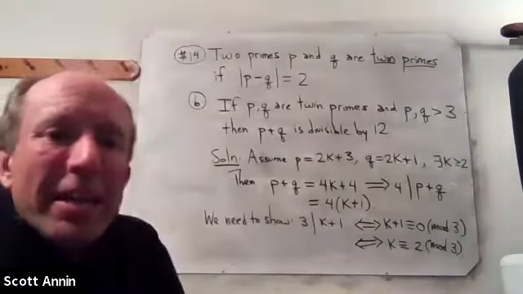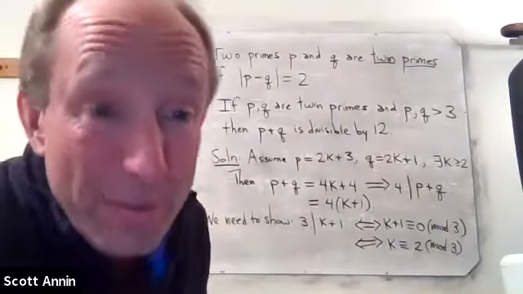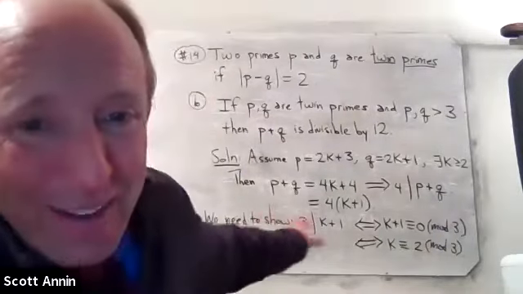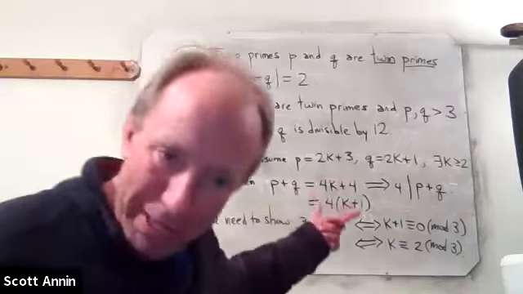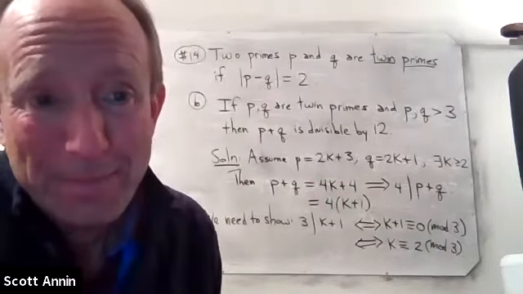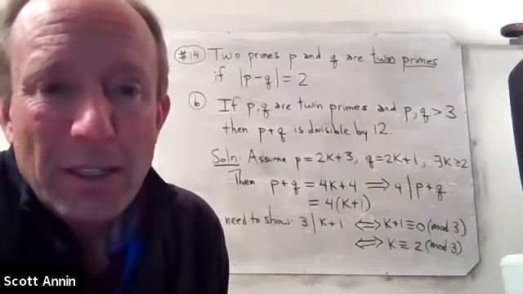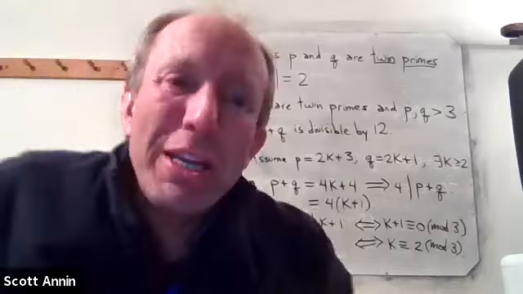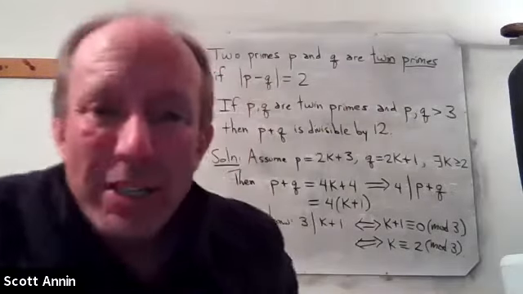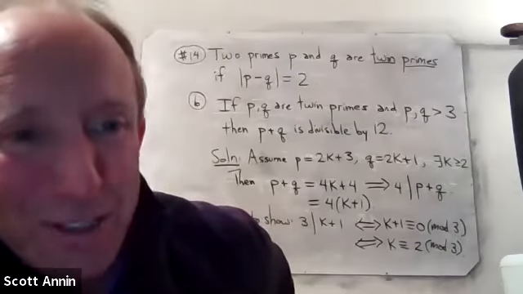We need k to be congruent to 2 in mod 3 in order for 3 to divide k plus 1, which is what we need for it to divide P plus Q. Any ideas how I would show that k is congruent to 2 in mod 3? Because we still need to do that.